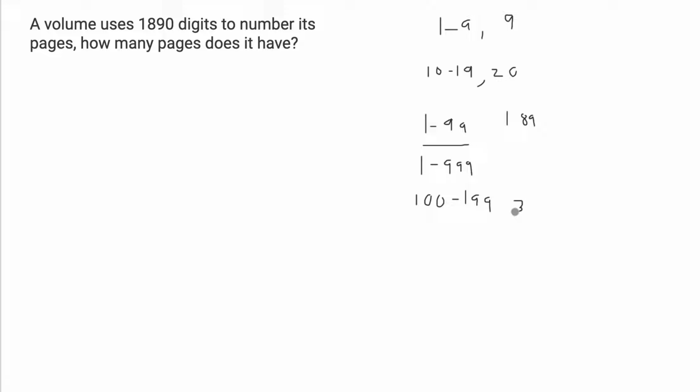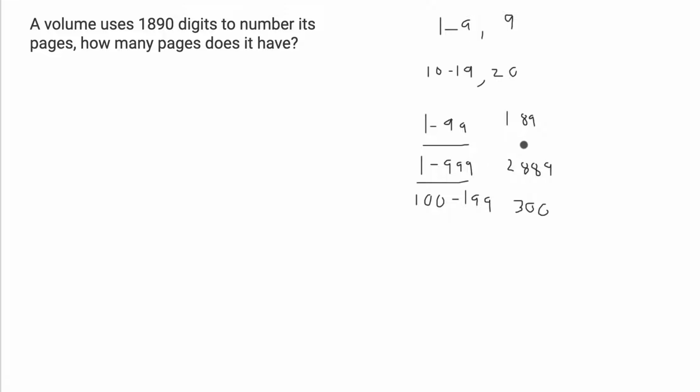So this, in total, uses 300 digits. So to check 1 to 999, we need 9 copies of this, plus the original 189. If you check your calculator, 300 times 9 plus 189 gives you 2,889. Therefore, we have fewer than 1,000 pages in our book.